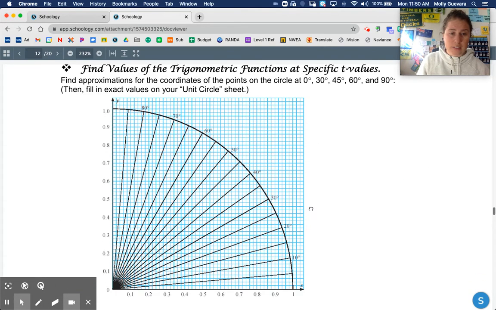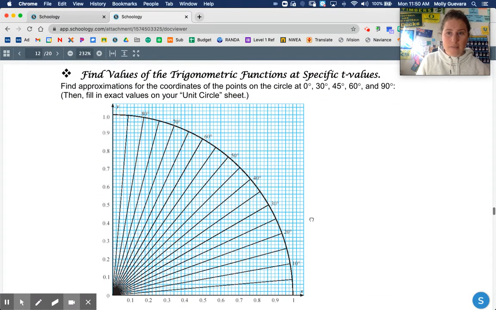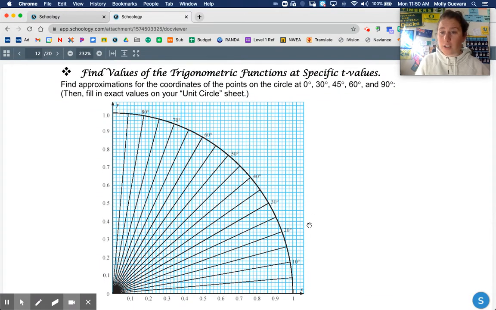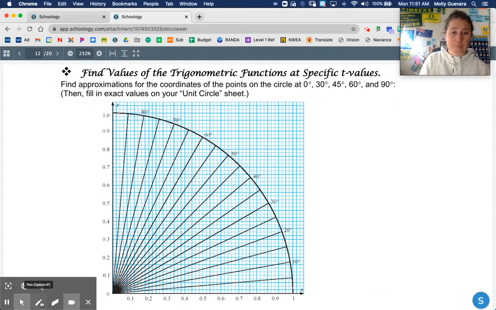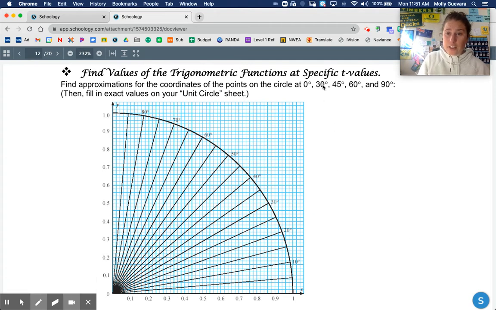All right, let's look at finding the values of these trig functions at certain points. So it says find approximations for the coordinates of the points on the circle at 0 degrees, 30 degrees, 45, 60, and 90. So at 0 degrees, it's right here, and that coordinate point should be very easy.